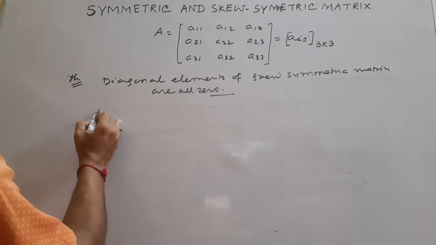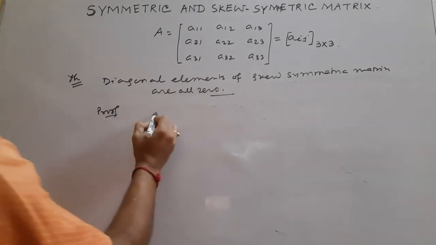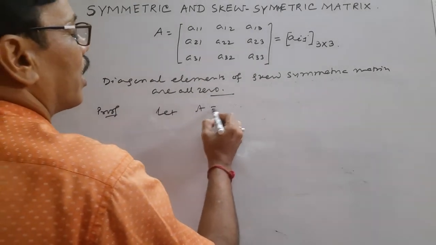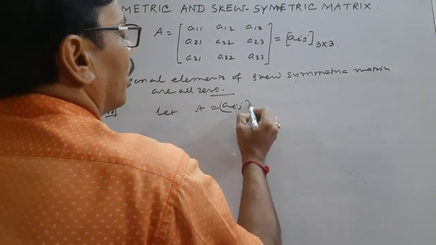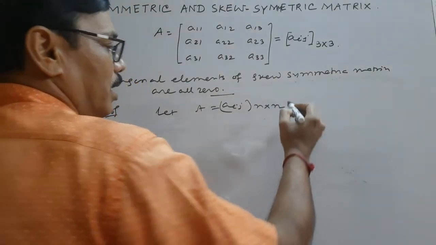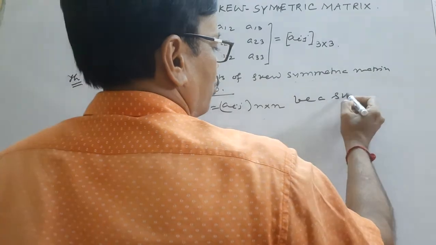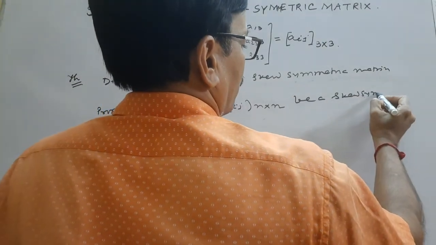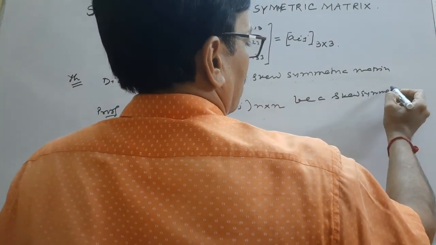So prove. Let A equals to Aij, n into n, be a skew symmetric matrix.